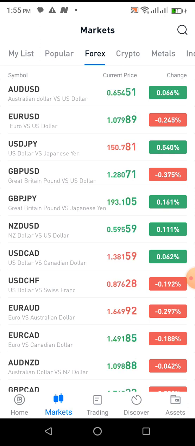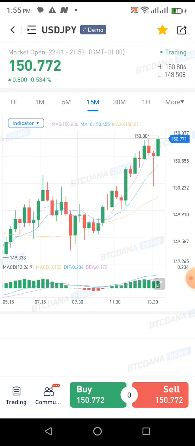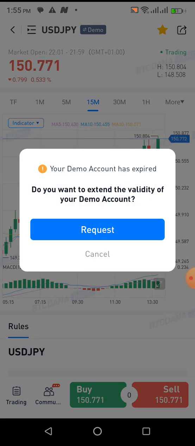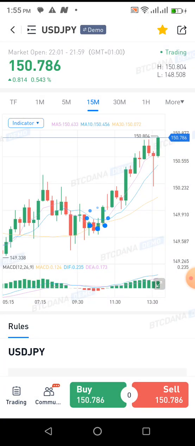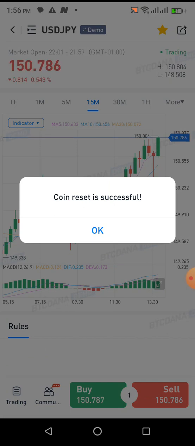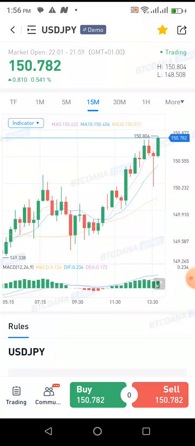So at this point, let's say we want to use USD against Japanese yen. When you click on it, it will bring you to this portion.